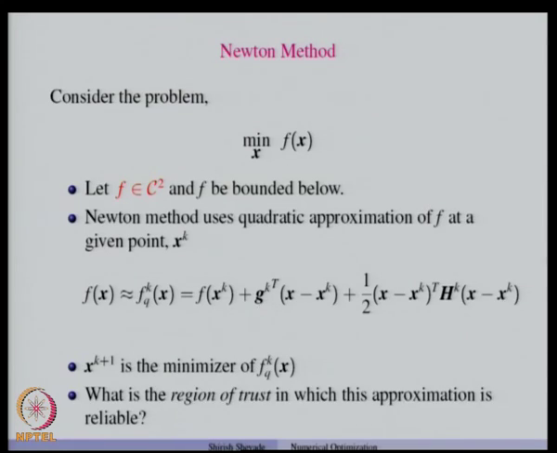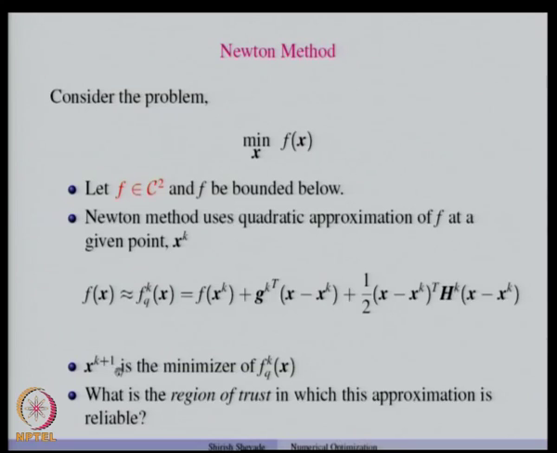Now, the question that one would like to ask is how good is this quadratic approximation at a given point, or in other words, what is the region of trust in which this approximation is reliable. If the quadratic approximation is reliable, then we certainly would like to minimize this quantity and go to the next step x k plus 1.